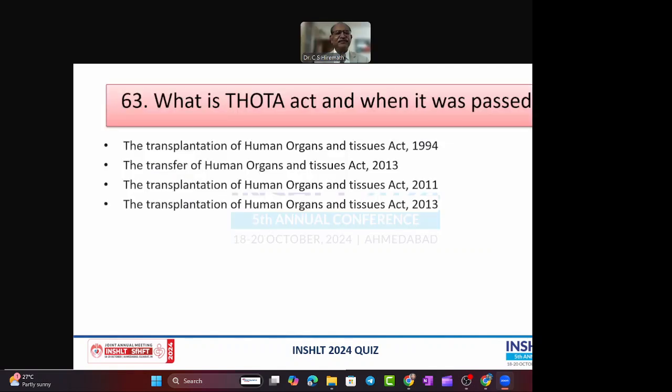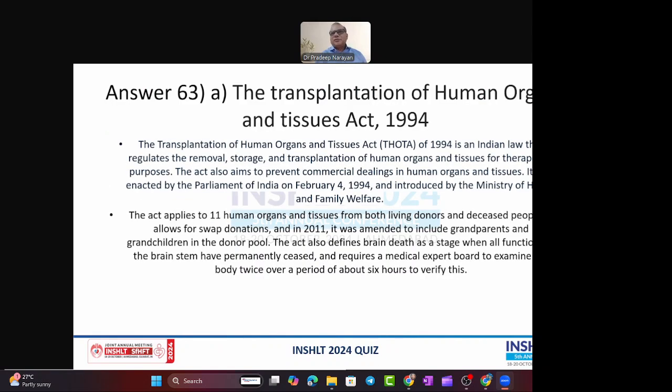Next slide, please. What is the THOTA Act and when was it passed? So it was passed in 1994 in India, and it encompasses not just heart and lung, but any tissue. As you can see, it's the Transplantation of Human Organs and Tissues Act. So any transplant, even corneal transplant, comes into it.